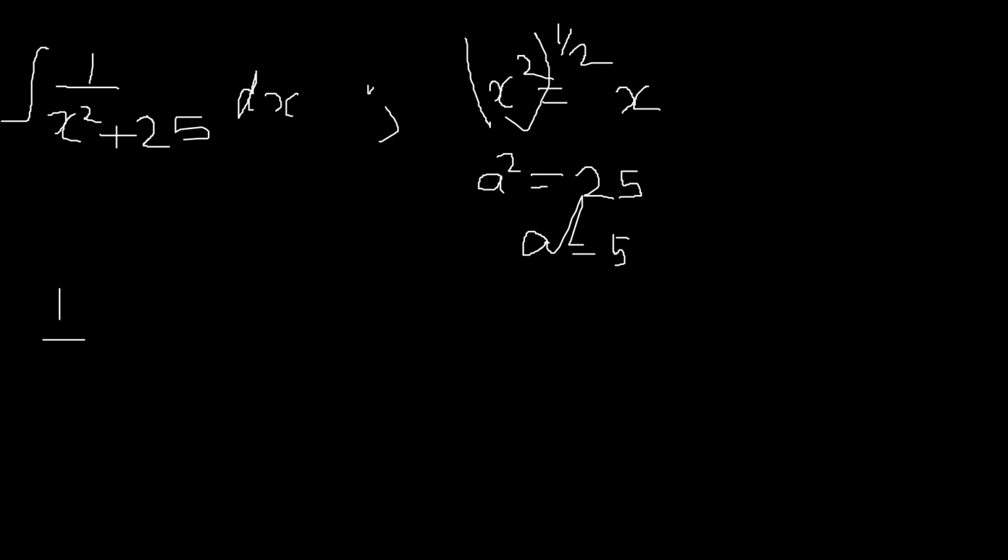So here we expect to have 1 over 5 tan inverse of x over a, plus c. So this is what you have in here.